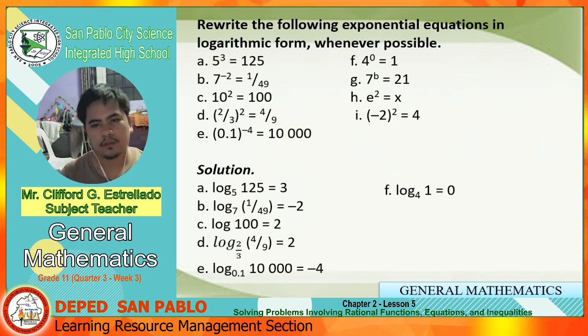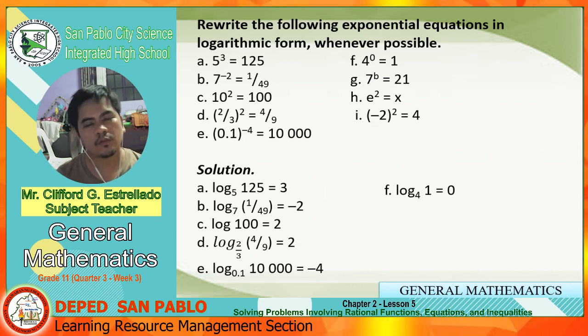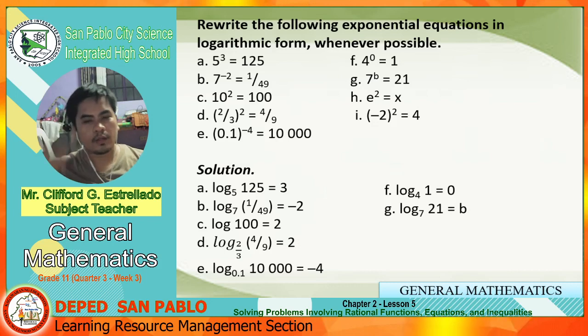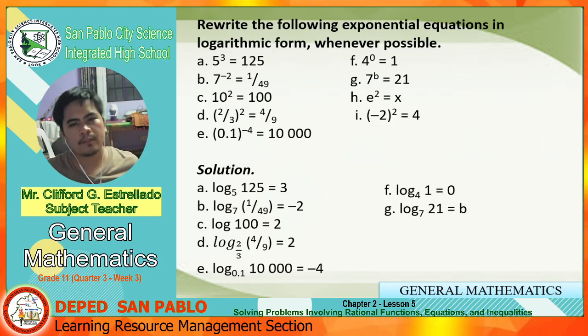Letter G, 7 raised to the b power is equal to 21. So we have logarithm of 21 with the base of 7 is equal to b. Letter H, e squared is equal to x. So we have logarithm of x with the base of e is equal to 2.